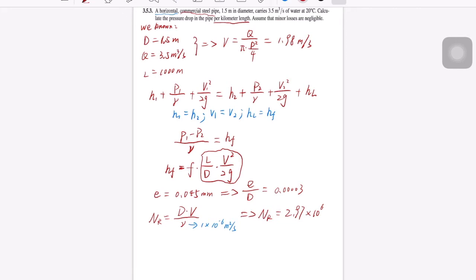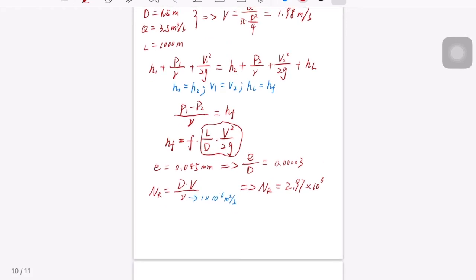And from the Moody diagram, we can determine F equals 0.011. So now we know, this is equation 1.